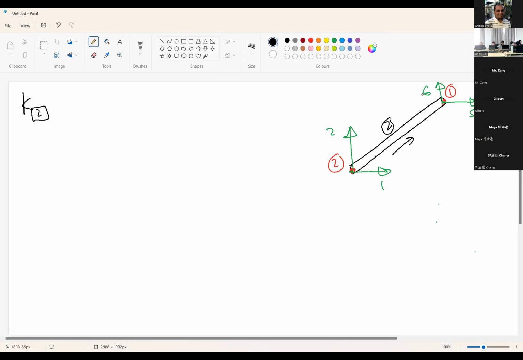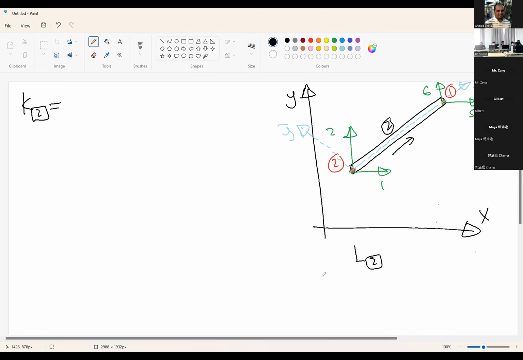Again, this is our global axis and this is our local axis. For this member, we need to know L, the length of member 2, lambda x for member 2, and lambda y for member 2.